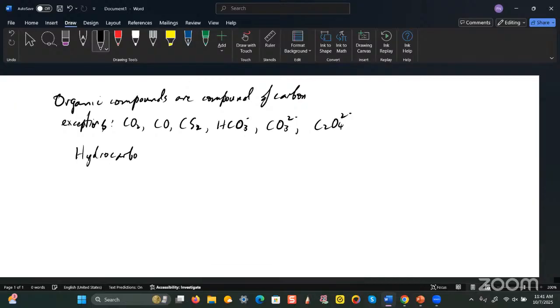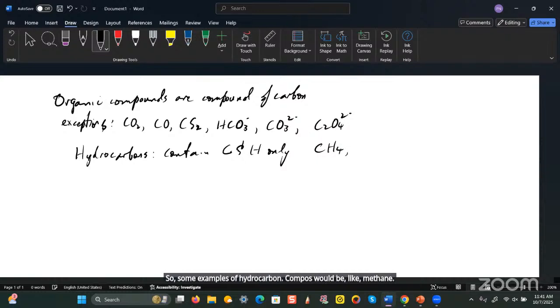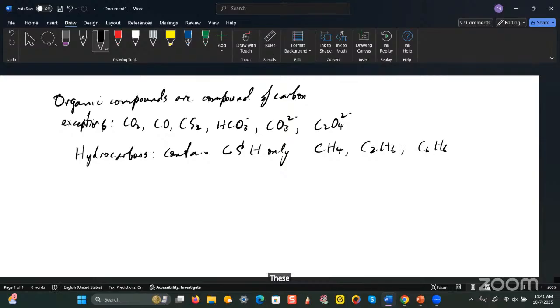Hydrocarbons contain carbon and hydrogen only, right? So some examples of hydrocarbon compounds would be like methane, CH4, ethane, C2H6, benzene, which is C6H6. These are all called hydrocarbons because they only contain carbon and hydrogen.